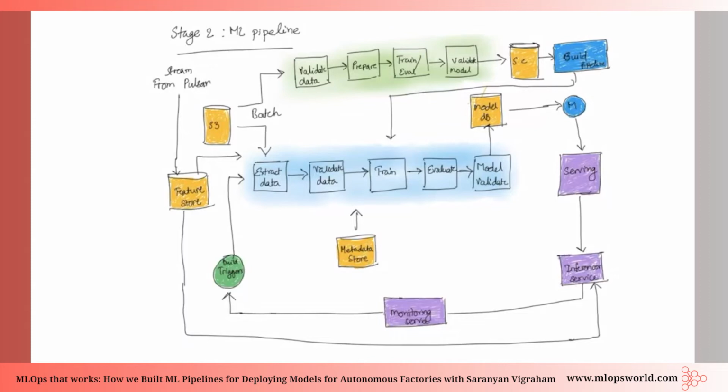Whatever we do, then we have an integration to the source control repository, which is marked as SC in this diagram, and then that will launch the build pipeline, which would build the models and deploy them, right? In an ideal world, that flow helped us to move faster, while also having time for our ML engineers to experiment with different model architectures and different use cases, right? So that is something that helped us a lot.